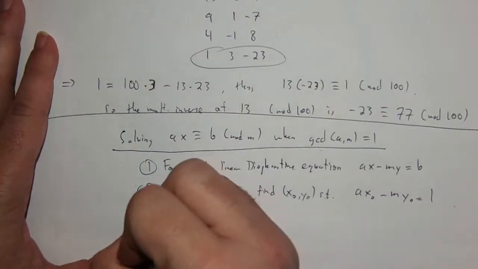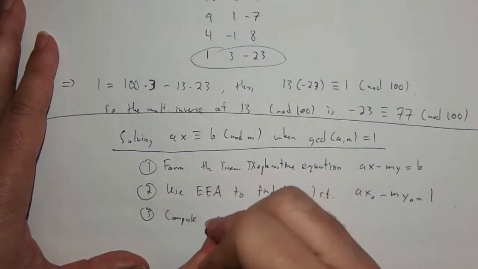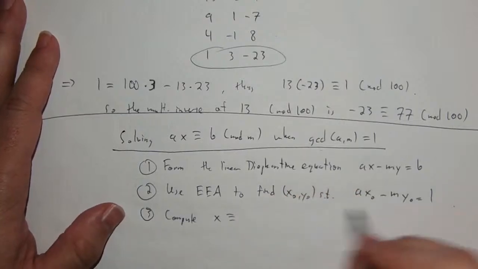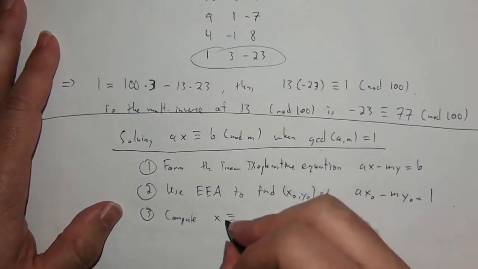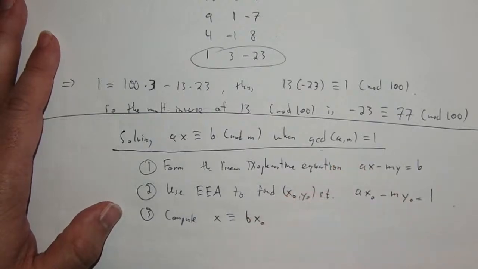And then 3, compute x, which is congruent to, since you're looking mod m here, b times x naught mod m.